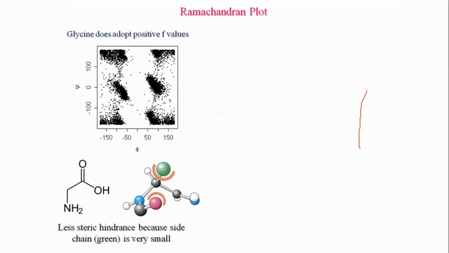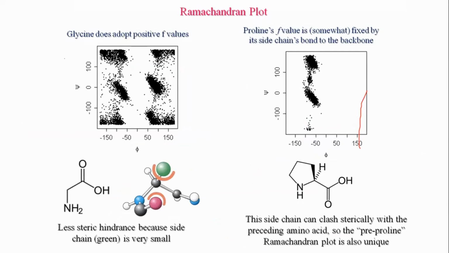In the case of the Ramachandran plot, we can't get the glycine residue values and proline values, because they are somewhat fixed and very small to show steric hindrance between the amino acids. Less steric hindrance because of the very small size, so we can't get these glycine residues in the Ramachandran plot.